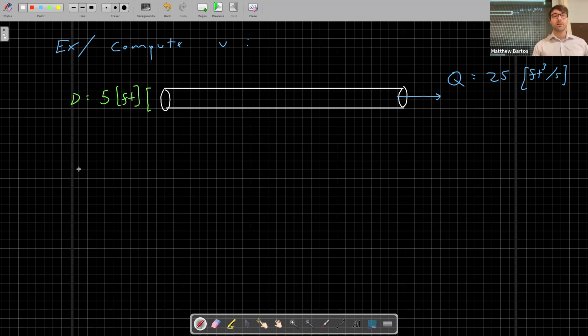All right, so we know that the mean velocity of flow is simply equal to the discharge divided by the cross-sectional area. So how can we express the cross-sectional area of the pipe in terms of the variables that we know? What's an expression for the cross-sectional area in terms of the diameter?